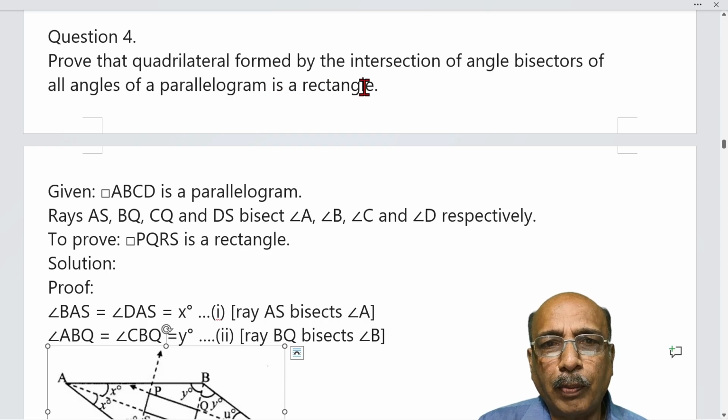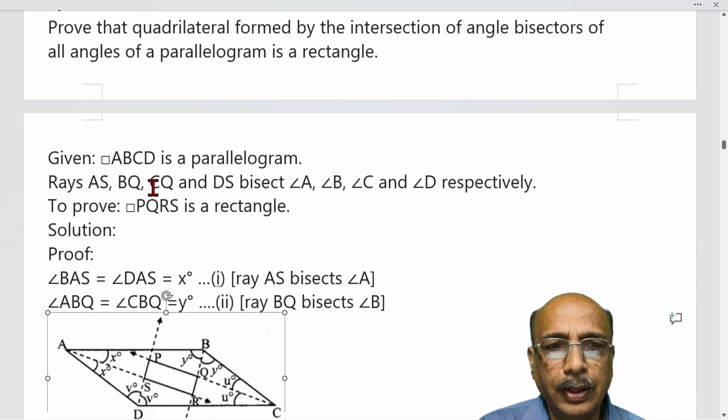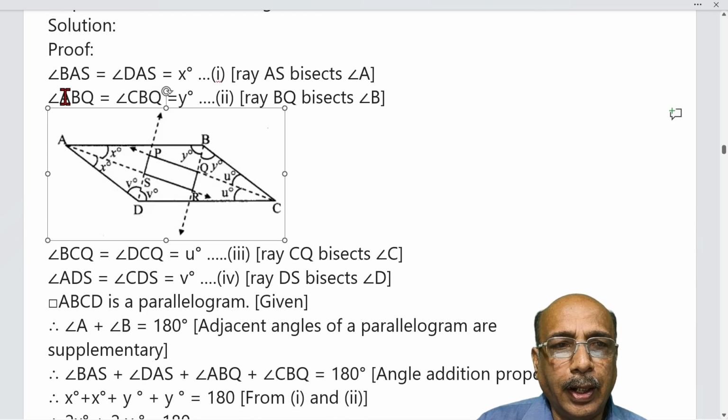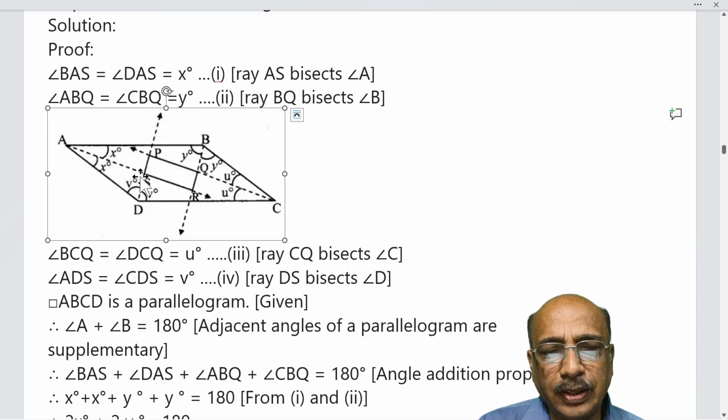Next question 4. Prove that the quadrilateral formed by the intersection of angle bisectors of all angles of a parallelogram is a rectangle. Given: quadrilateral ABCD is a parallelogram, rays AS, BQ, CQ and DS bisect angle A, angle B, angle C and angle D respectively. To prove: quadrilateral PQRS is a rectangle. Proof: angle BAS and angle DAS equal x degrees each, as AS is the angle bisector.